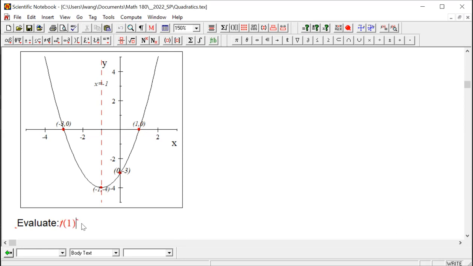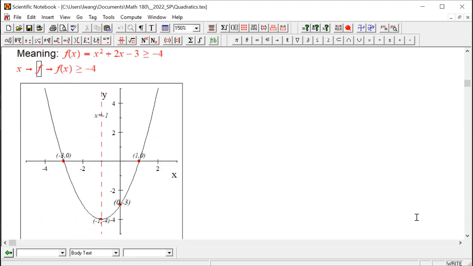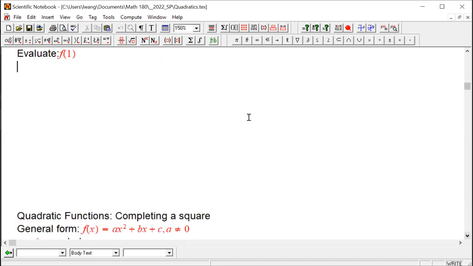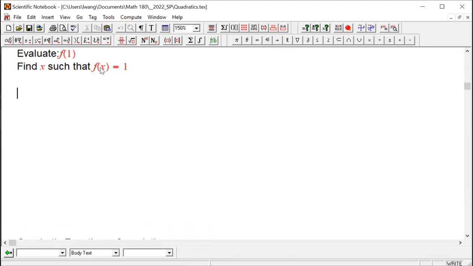And another question, they will say: find x such that f of x equals 1. What's the difference between these two questions?